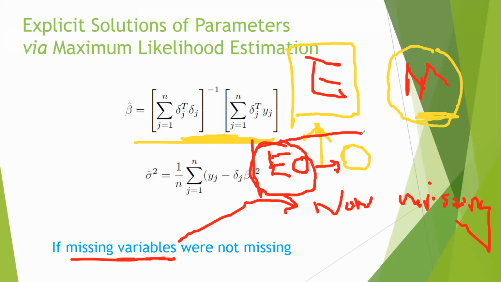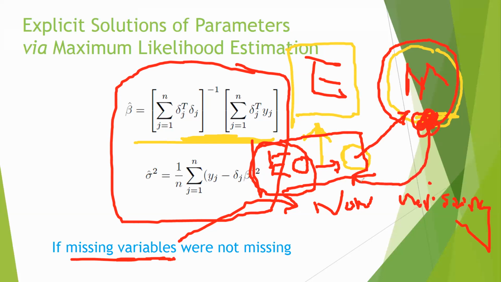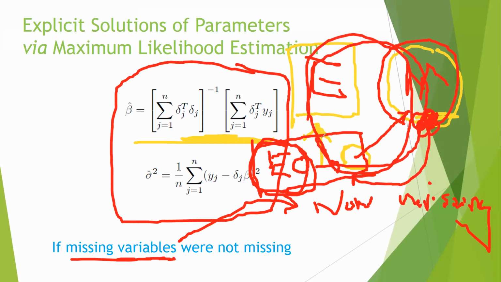So we achieve this in the E step. Once we're done with this, we can go to the M step and totally treat this problem as a non-missing problem and use the closed form to get the simple solution at this step. Once we achieve this in the M step, we go back to the E step and calculate the expected value for the missing data again. We just do this iteratively until it converges.